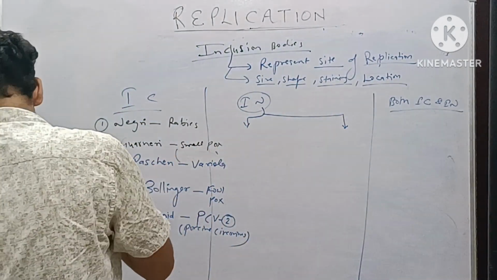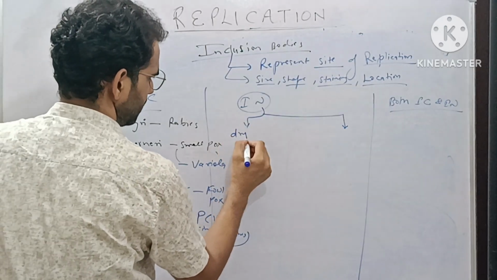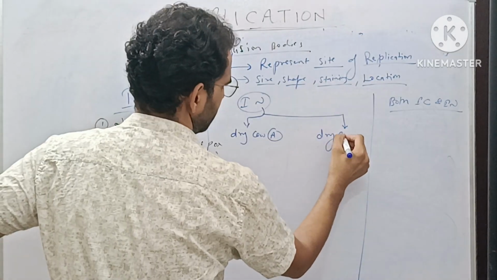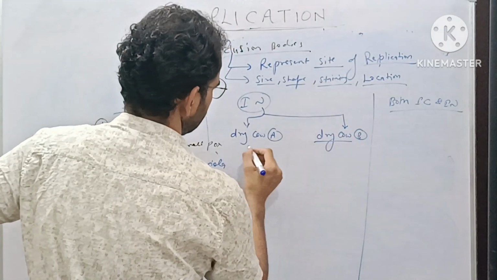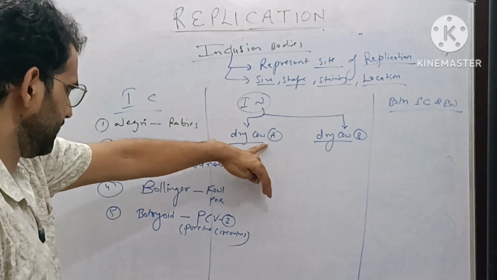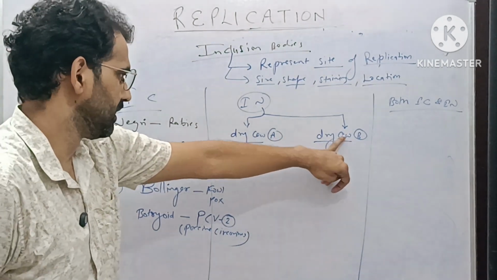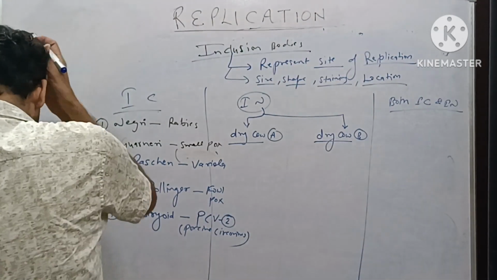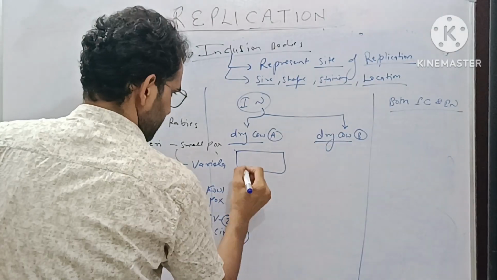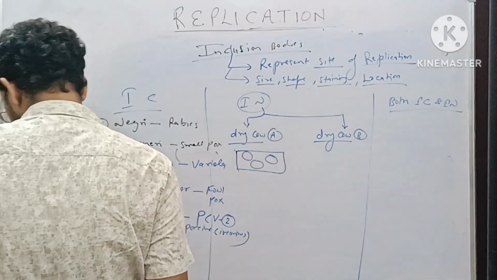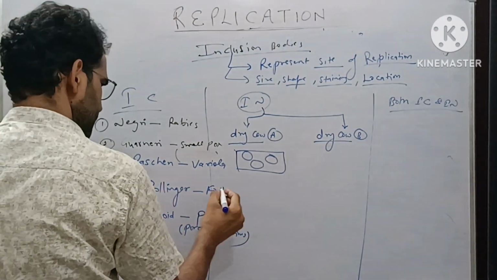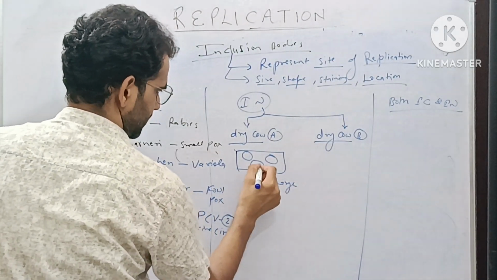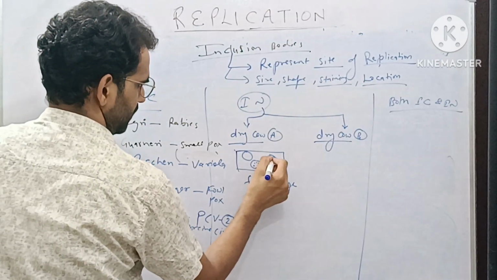You can remember them as a dry cow. There are two, Cowdry type A and Cowdry type B. Type A inclusion bodies are few in number and large in size, and they are granular.